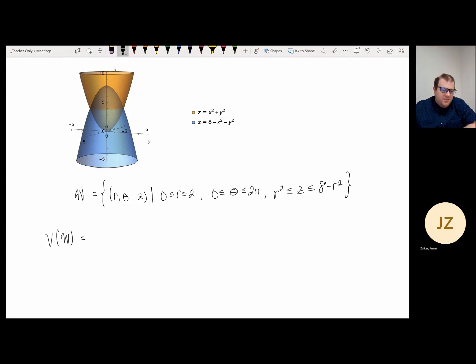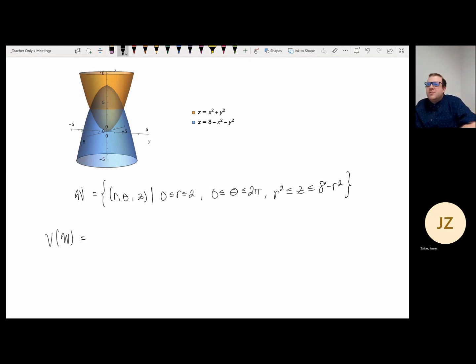Question, how is r between 0 and 2? So r theta is the two-dimensional domain, which was a circle of radius 2. R represents radius. Technically in polar, r is the distance from the origin to the point. But if you're talking about a circle, then it would just extend from 0 to whatever the radius of the circle is, because the farthest you can go is the boundary of the circle itself, which is the radius.